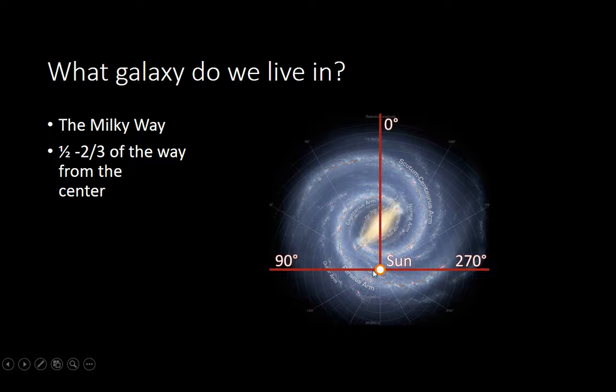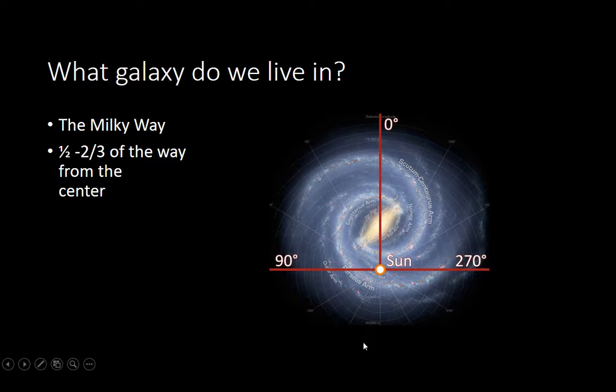So we've been able to determine through parallax and some other methods that we're about halfway to 2/3 of the way out from the galactic center. So this is the center of our galaxy, and we're a little more than half the way out. This is a pretty inexact measurement of where we're at, and that's because it's hard to tell exactly where our galaxy stops.